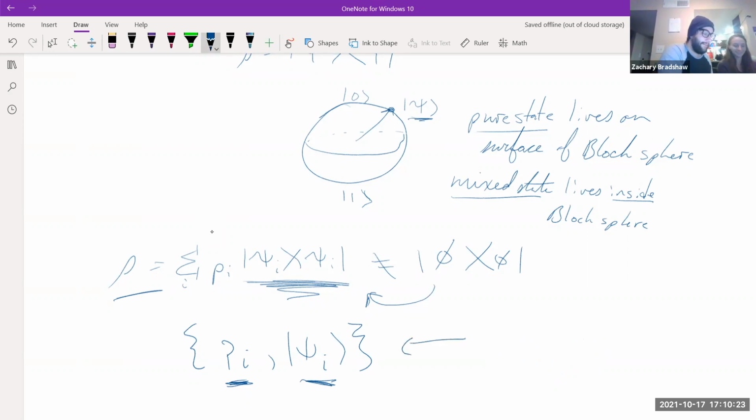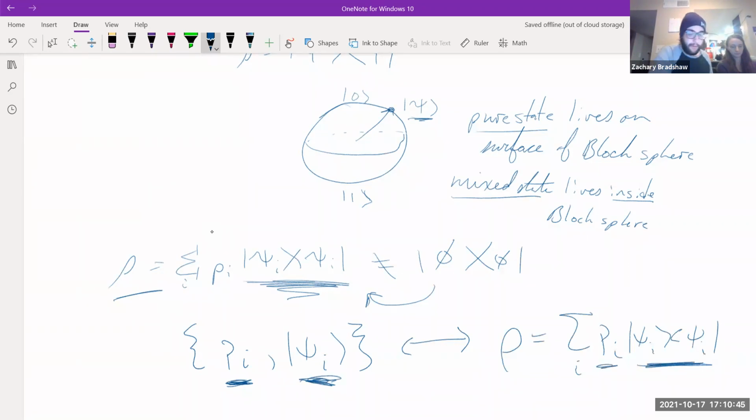Okay, but what we were saying earlier was there's an equivalence between this and the density operator, which is given by just the probability from here and the state from here, and you make the projection operator here, and you multiply it by the probability, and you sum them up.